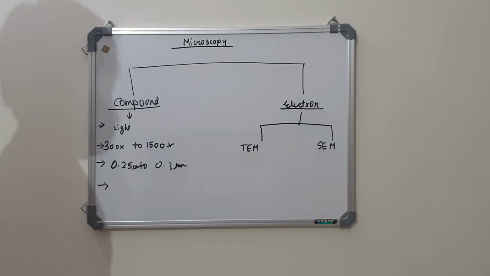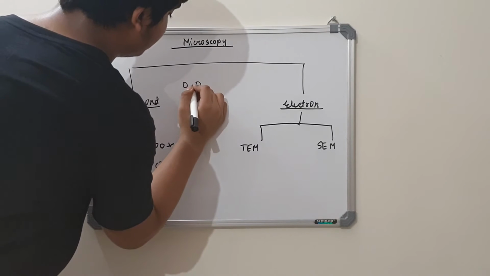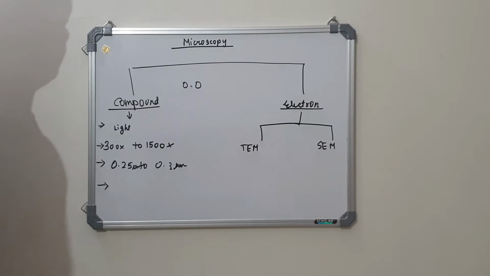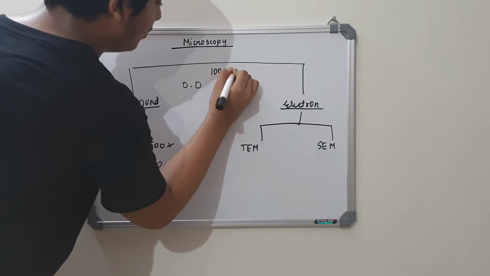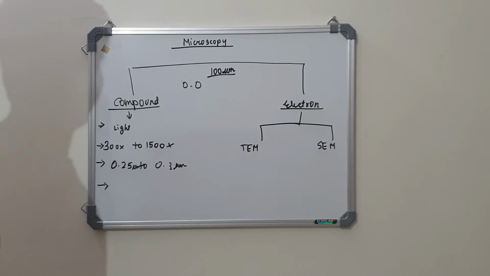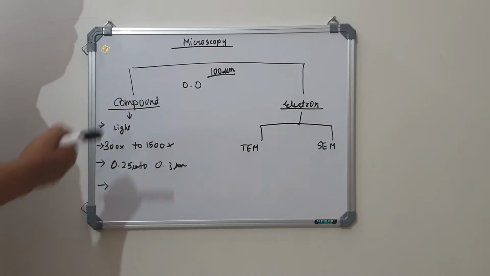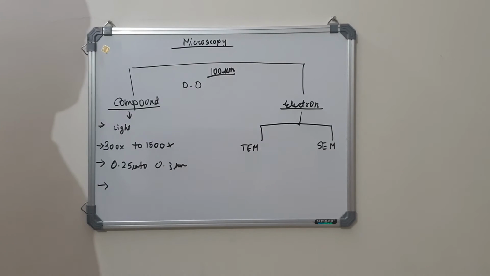So what is resolution power? Suppose there are 2 objects very close to each other. It is the capability of the eye or a microscope to distinguish them as 2 objects.